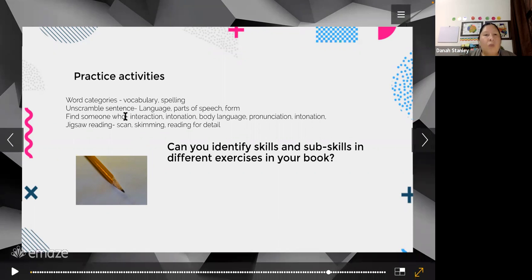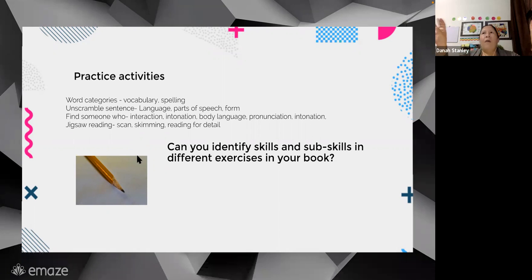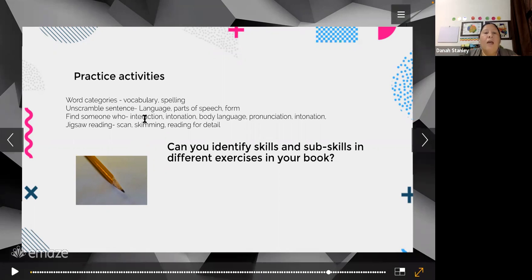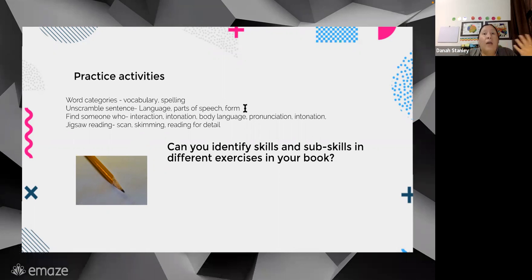For example, in an unscrambled sentence, they have the different elements in the sentence, all of them mixed up, so they can be focused on language, chunks of language, the different parts of speech, the form, the collocation, the spelling.